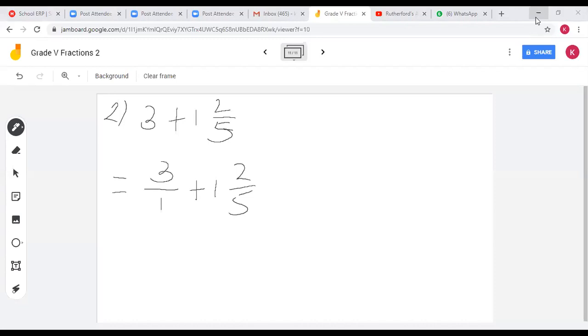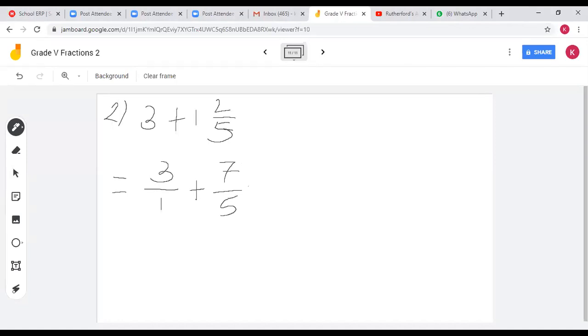Now 1 whole 2 upon 5 is a mixed fraction, so I will convert it into an improper fraction. 5 ones are 5, 5 plus 2 is 7, so 7 upon 5. So the first step is easy.